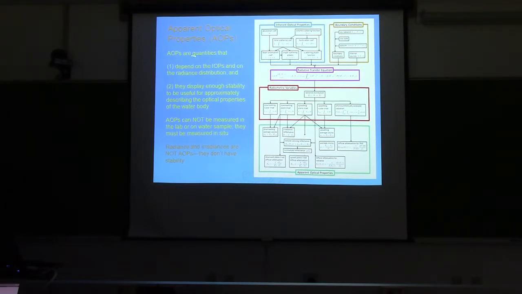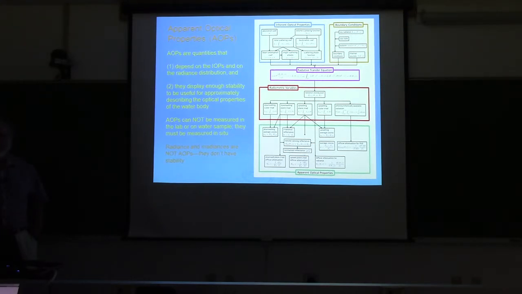And the thing you're going for is something that you can measure easily with optics, but you can relate back to what you're really interested in, which is IOPs. And the thing you need is that whatever this thing is, and there's a bunch of them, they display enough stability to be useful for approximately describing the optical properties of the water body.